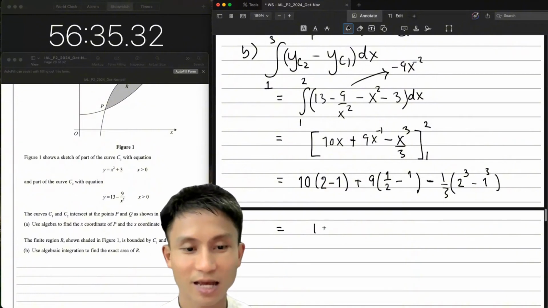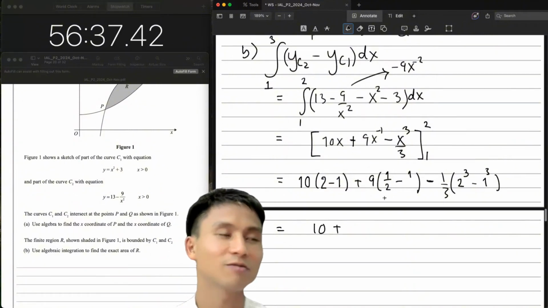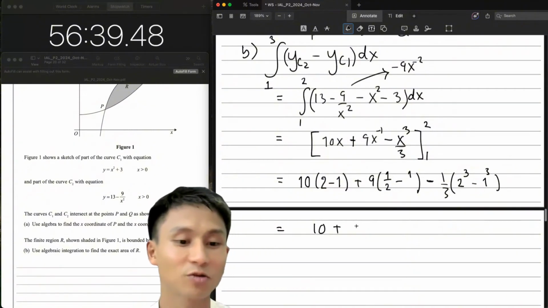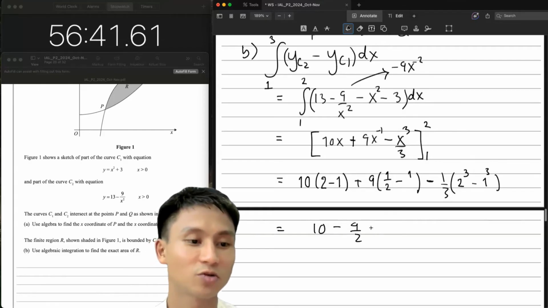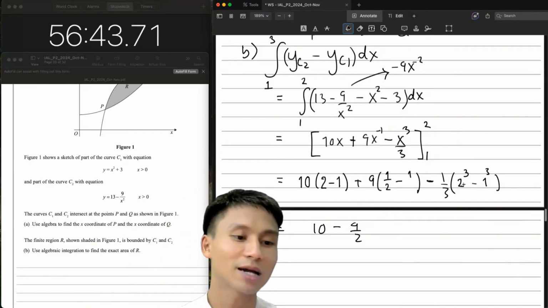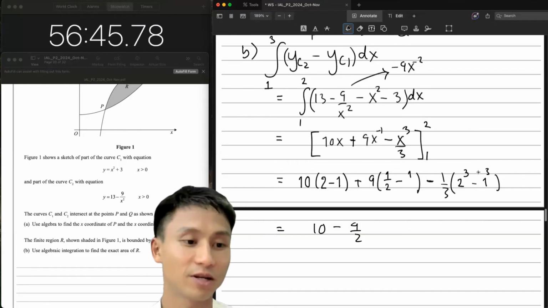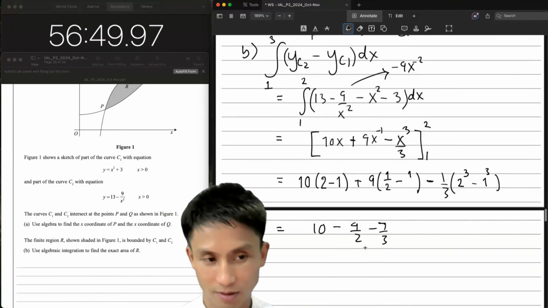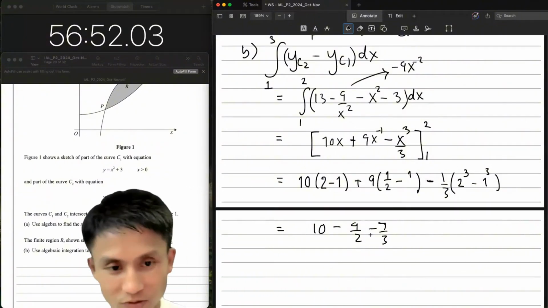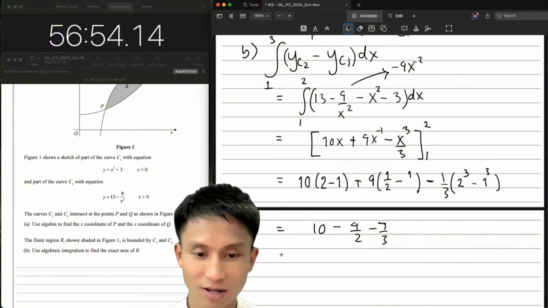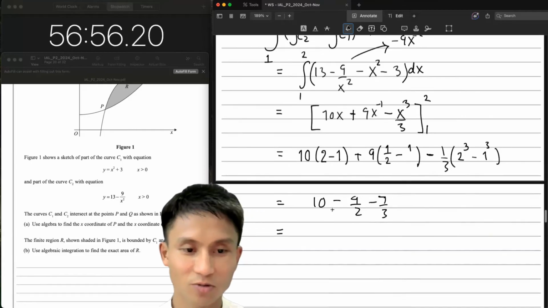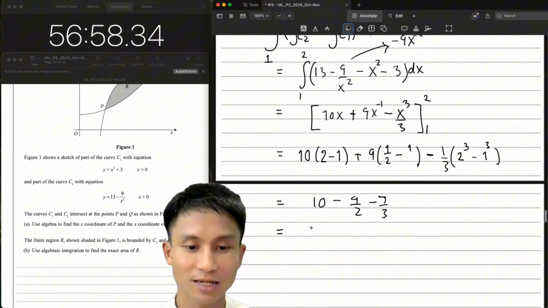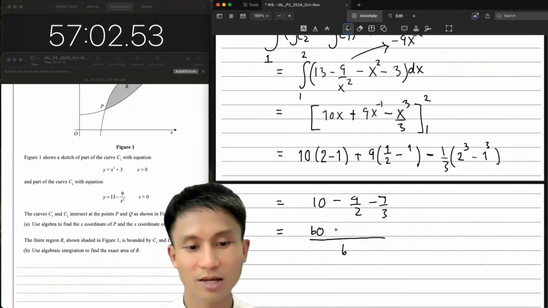So the first term I get 10. The second term here, a half minus 1, I get a minus a half. So that's minus 9 over 2. In the brackets, 8 minus 1, which is 7. So that is minus 7 over 3. I don't use a calculator there because it doesn't give me exact. So if I multiply 10 by 6, that's 60 over 6, everything will be over 6.